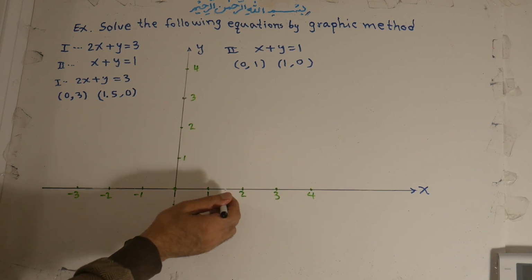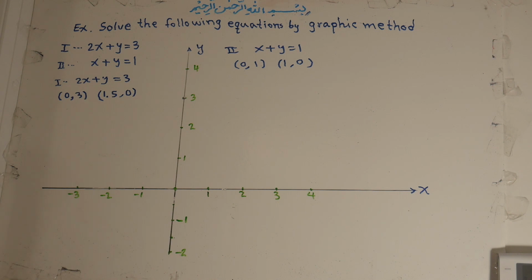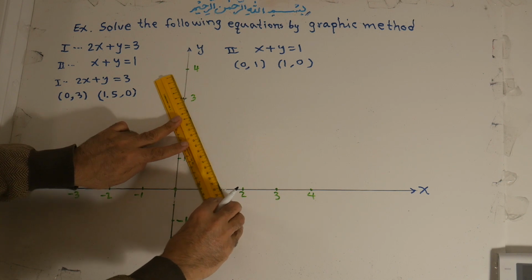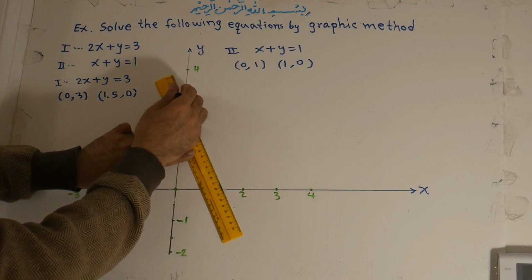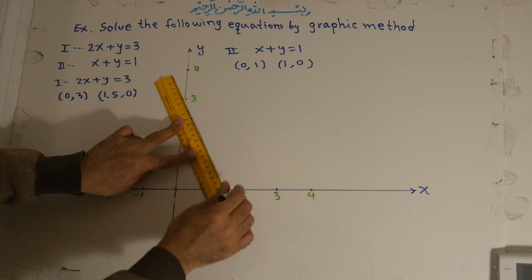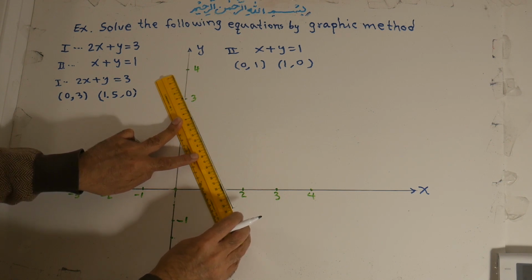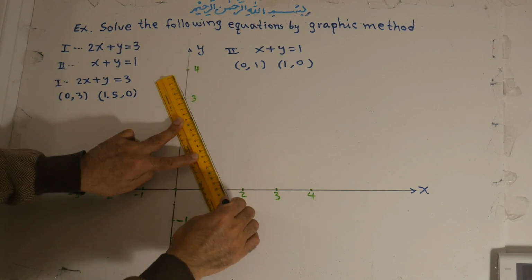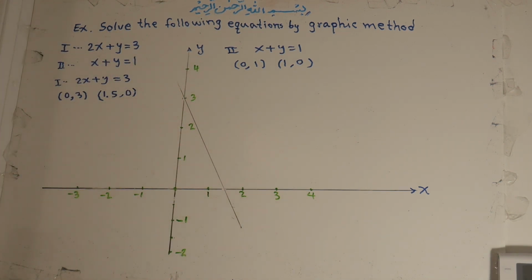Now we connect these two points to each other, x 0, y 3 and x 1.5, y 0.